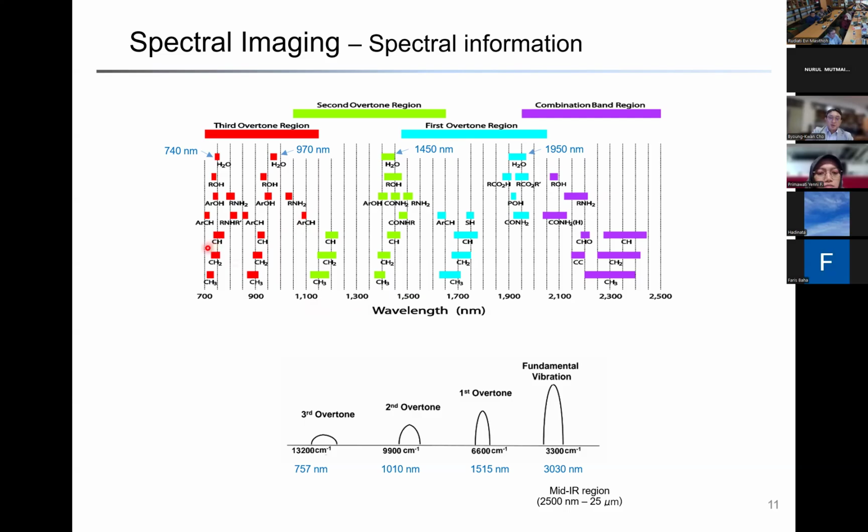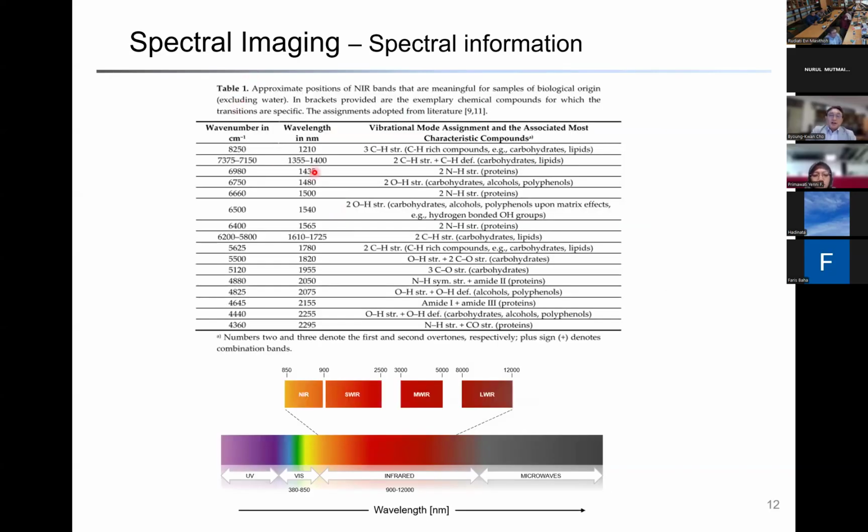There are lots of combinations, like CH and NH. Each combination has its own unique frequency or wavelength, which is where the light absorption occurs. Again, there are several functional groups related to certain wavelengths or frequencies.